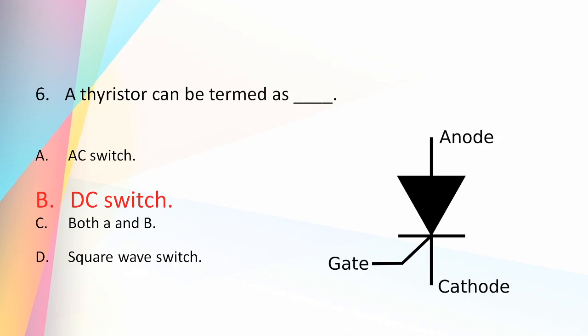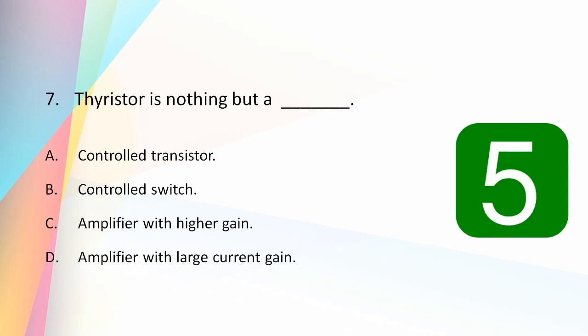But unlike a diode, the thyristor can be used to operate as either an open switch or as a rectifying diode depending upon how the thyristor gate is triggered. In other words, a thyristor can operate only in the switching mode. So a thyristor can be considered as a DC switch.